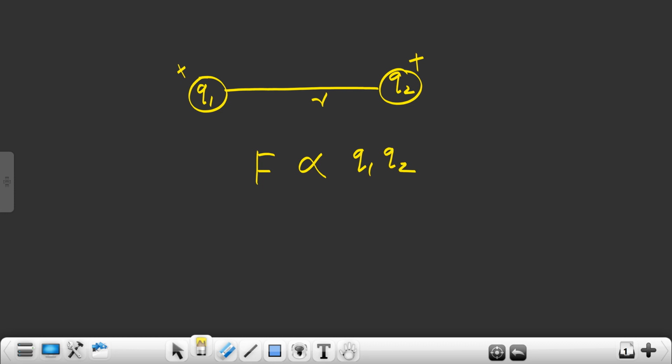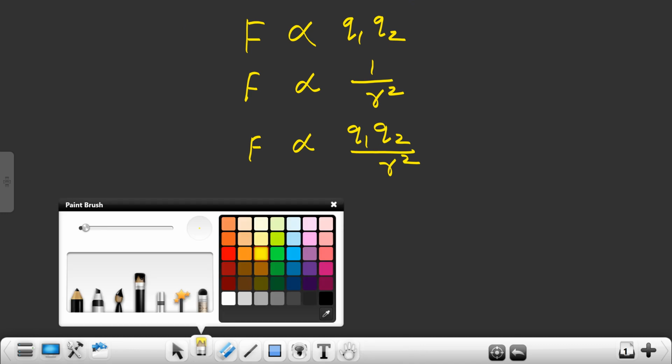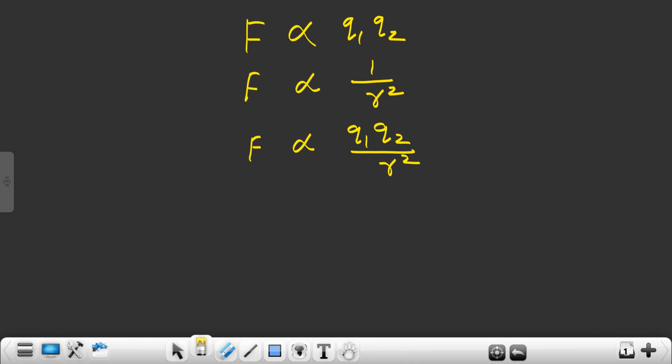Then it says that the force is inversely proportional to the square of the distance between them. So it can be written as F proportional to 1 by r square. We can combine these two as F proportional to Q1 Q2 by r square. To change the proportionality sign, we need to multiply by a constant.